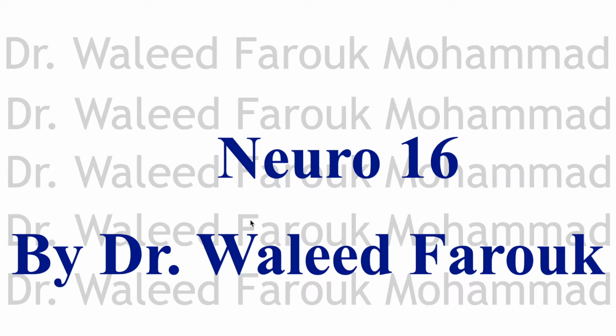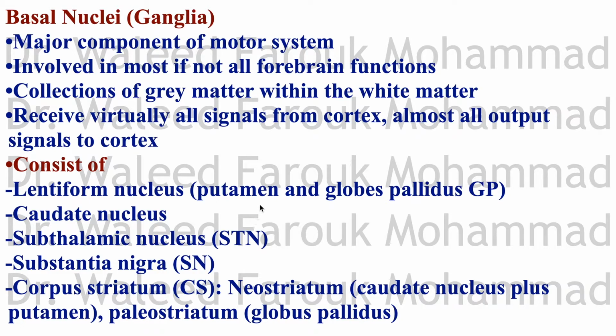In this lecture we will talk about the basal ganglia or basal nuclei. So let's start. The basal nuclei or ganglia are a major component of the motor system and many systems. Actually, they are involved in almost every function of the brain, if not all, in most, if not all, of the brain functions, as I told you.